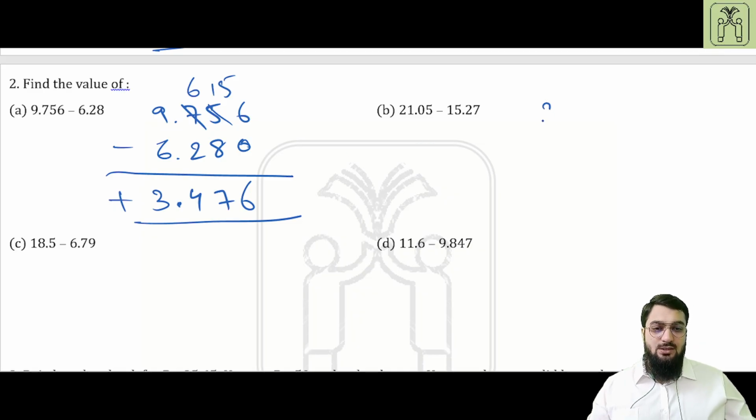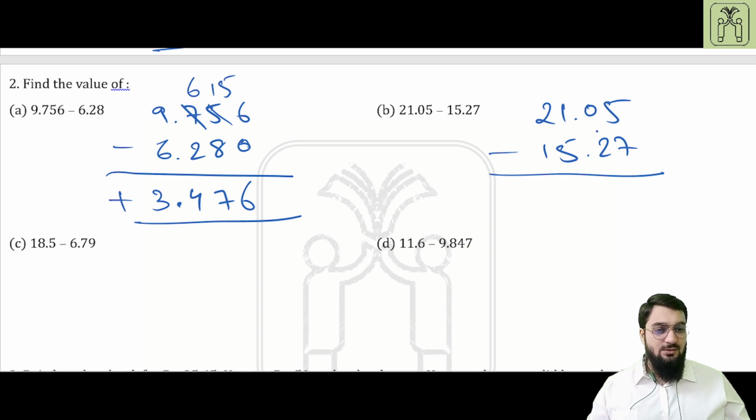Part B, that is 21.05 and 15.27, and minus will be added with the 15 because it is mentioned. So 15 minus 7 will become 8, and after that this became a 0, and this became a 10, and now this 10 became a 9, and this became a 15.